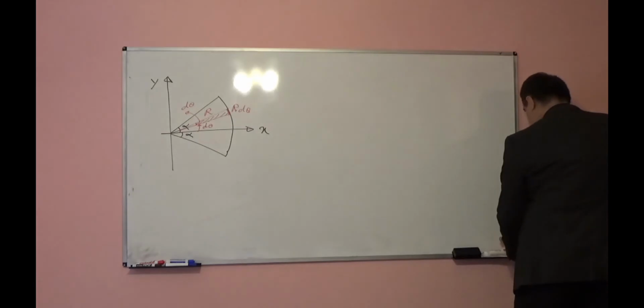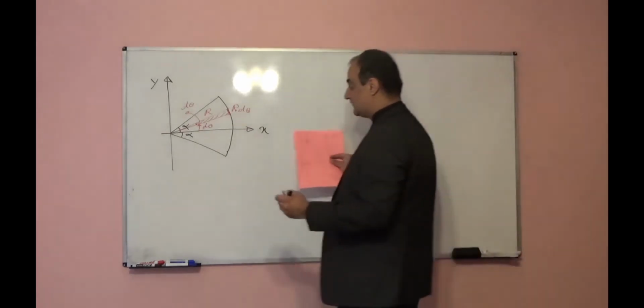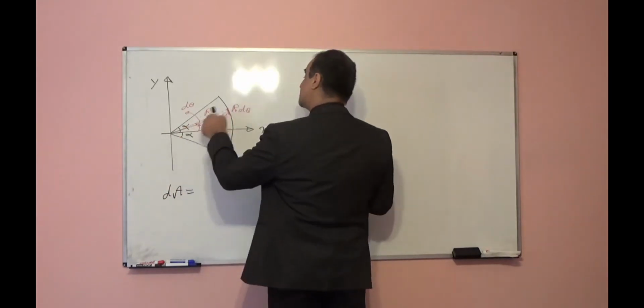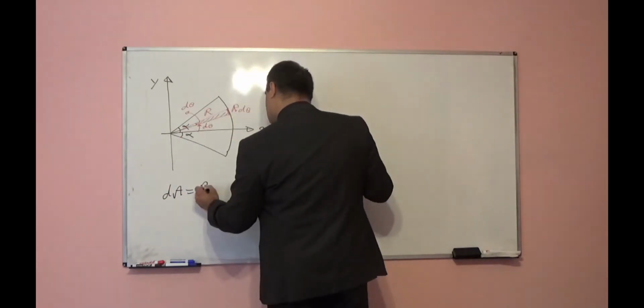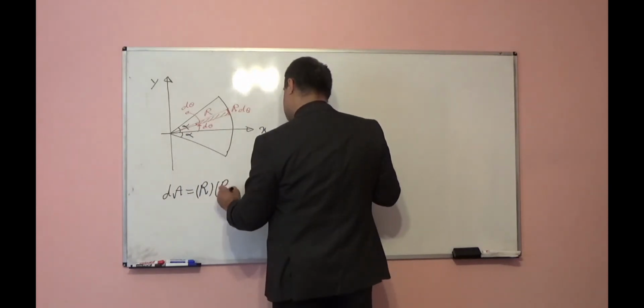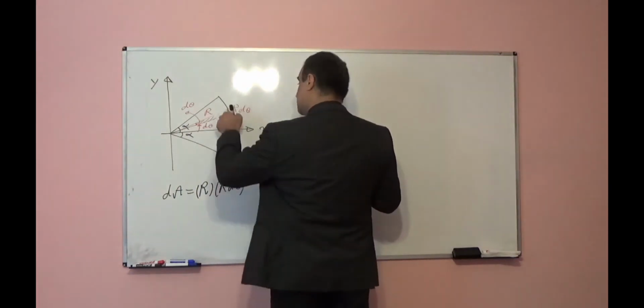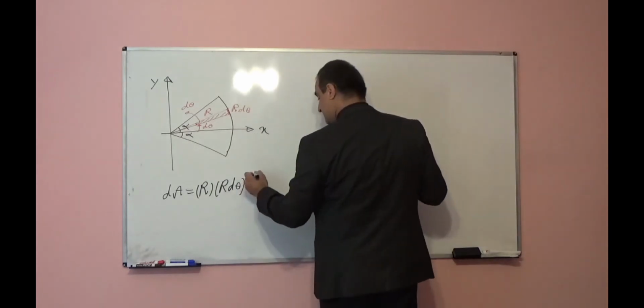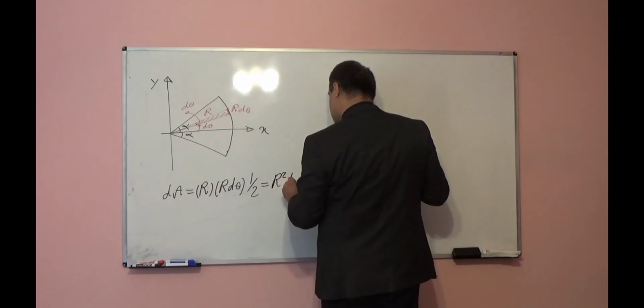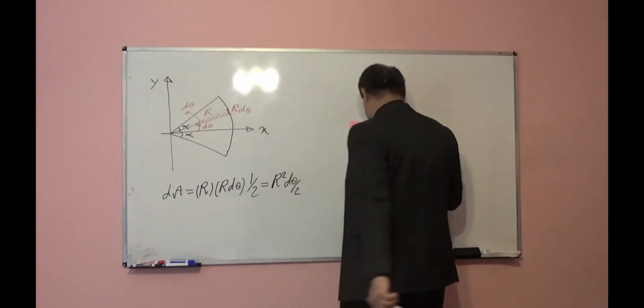Now, the differential area for that element will be the area of this red triangle, which is one side r times the other side r d theta, times half. It will be equal to r squared d theta over 2.